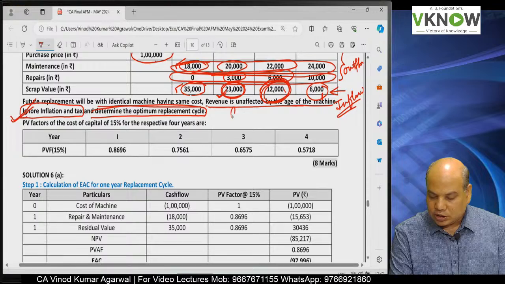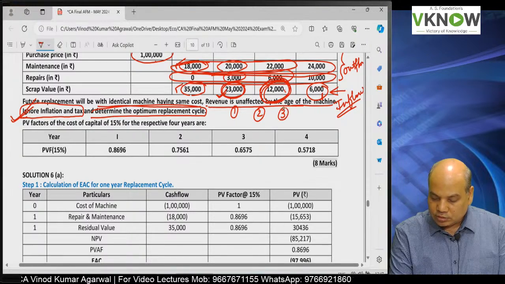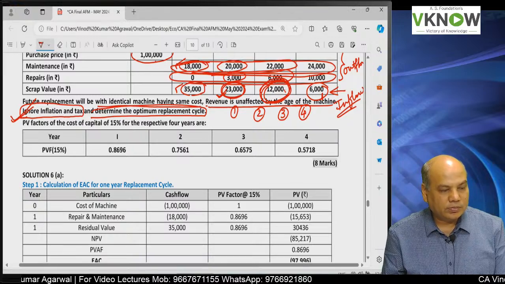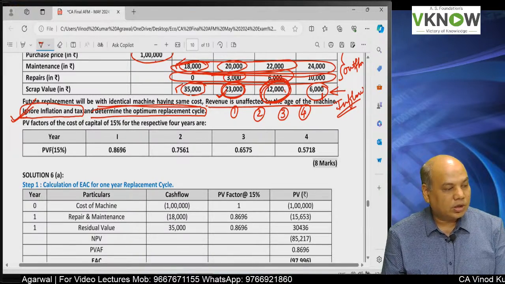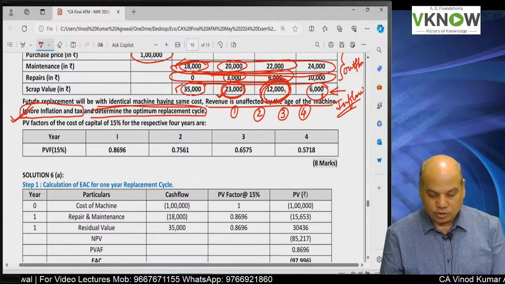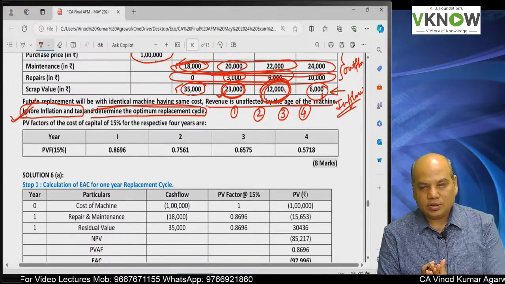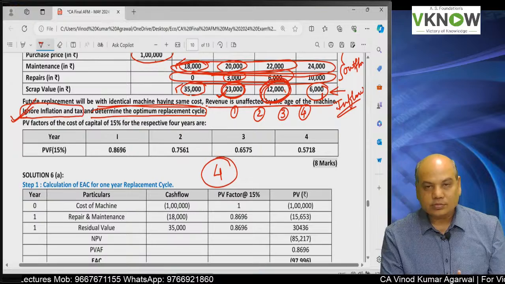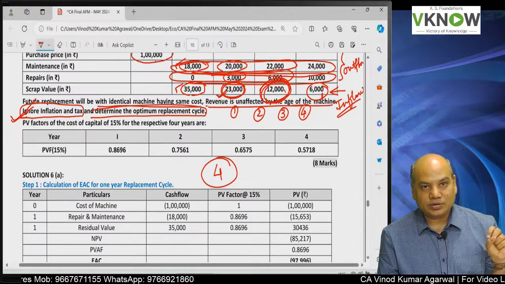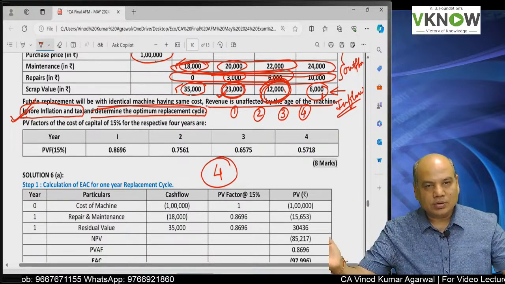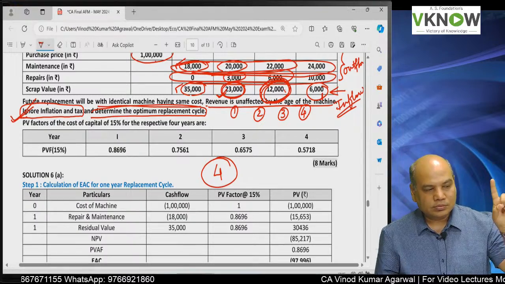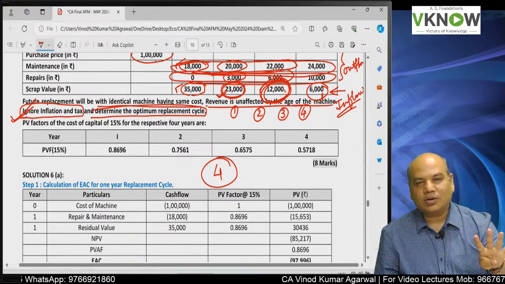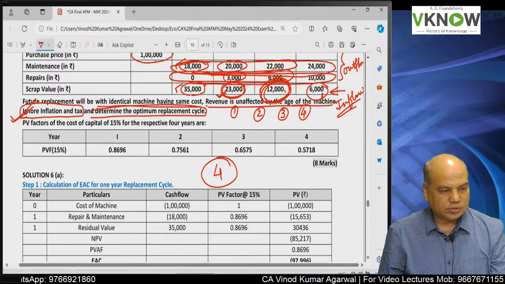So we have to basically answer whether we should replace this machine every year, or every 2 year, every 3 year, or every 4 year. So how do I take a judgment? Treat it like you are given 4 choices in intermediate syllabus. There are 4 machines. One has a life of 1 year, one has a life of 2 years, one has a life of 3 years, and one has a life of 4 years.